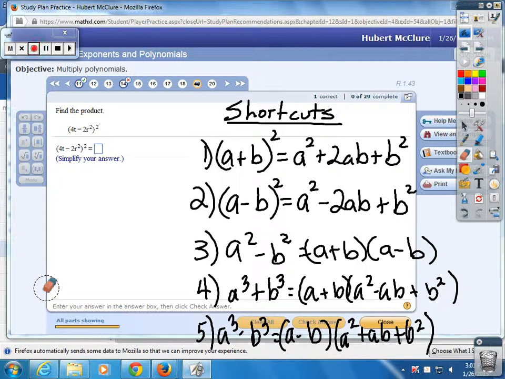And how do you know that? Well, put it in right here. What's A? A is 4t. Well, what's 4t squared? 16t squared. And then 2 times A is 8t. And then 8t times 2 is 16. And then r squared is tr squared. So that's how you get that one. And then what's B? 2r squared.